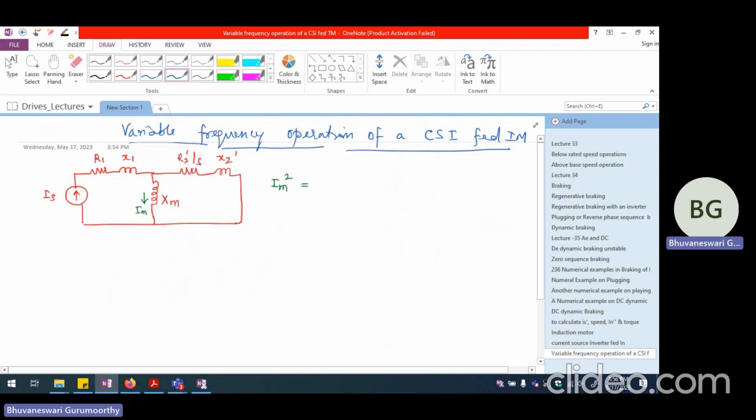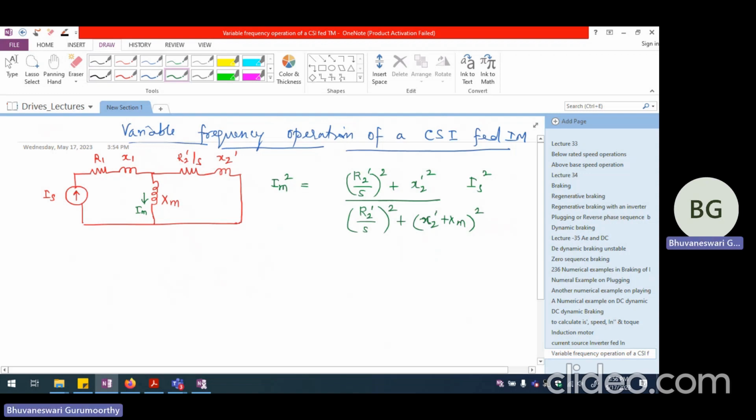So Im square is going to be the other side impedance, that is R2 dash by S the whole square plus X2 dash square, divided by the total impedance of the two parallel paths, that is R2 dash by S the whole square plus X2 dash plus XM the whole square. This has to be multiplied by IS square. So this will give us the magnetizing current.